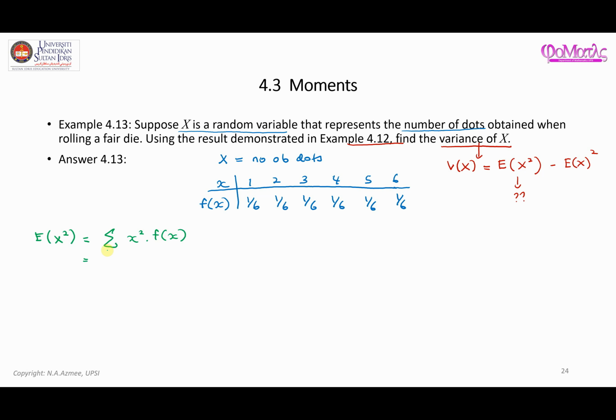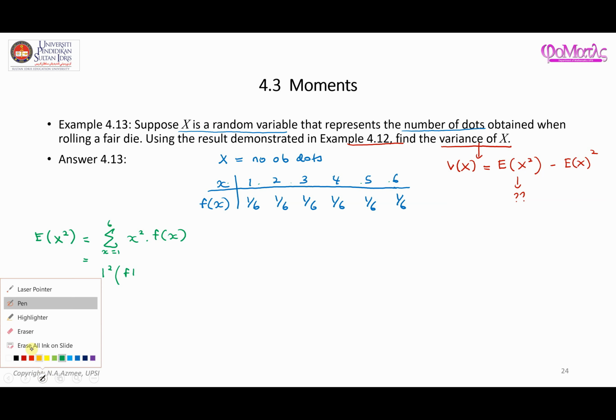The value of x here is from 1 until 6, so we take turns switching the value of x from 1, 2, 3, 4, 5, and 6. The operation is going to look like this: 1 squared times f(1).